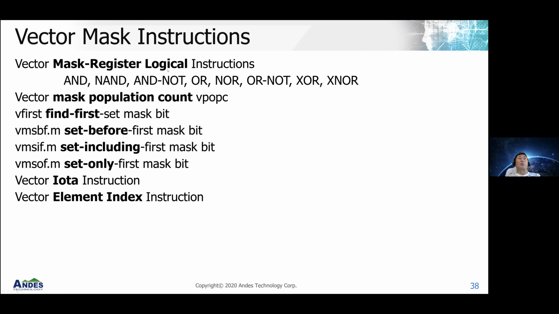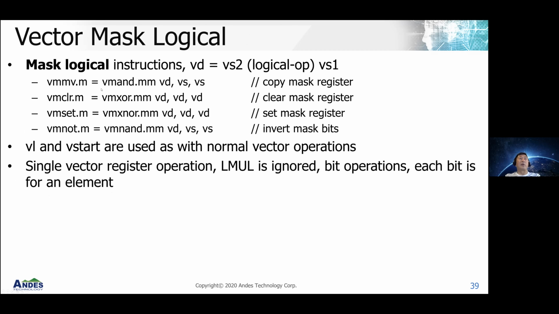The logical operations are basically AND, XNOR, OR, and all that. For some special cases of the mask logical operations, if you do the AND operation with the same two sources, it's basically a copy operation. If you XOR with VD, it's basically the clear mask, or it's a set mask.